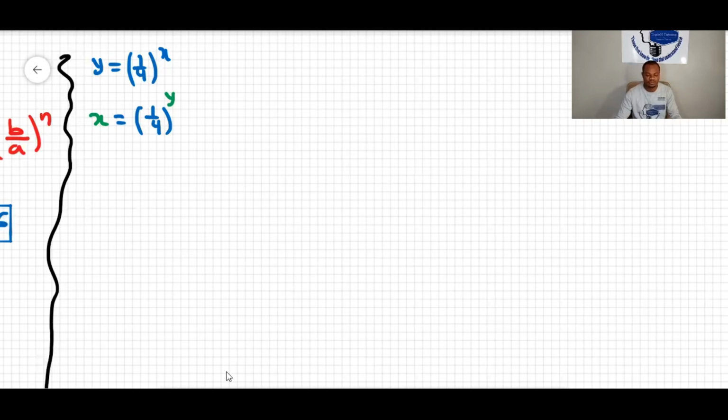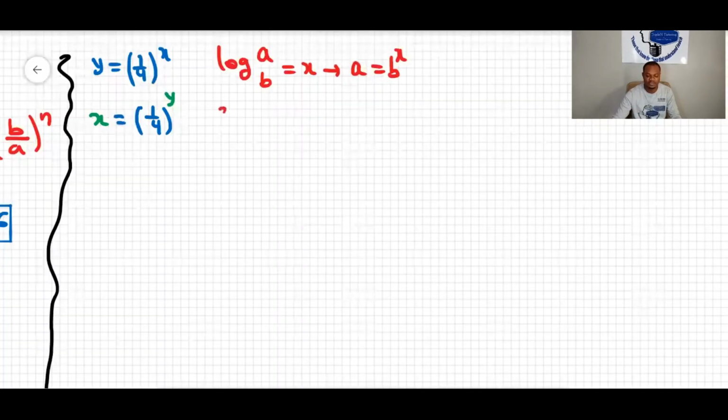Okay, so if you remember the logs, log says this: if you have log of a base b equal to x, this implies that a equals b to the power of x. Or similarly, if you have a equal to b to the power of x, this is similar to saying log of a base b.